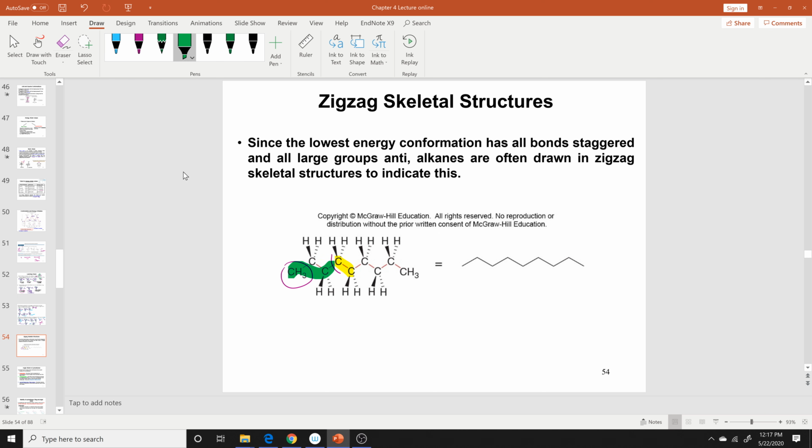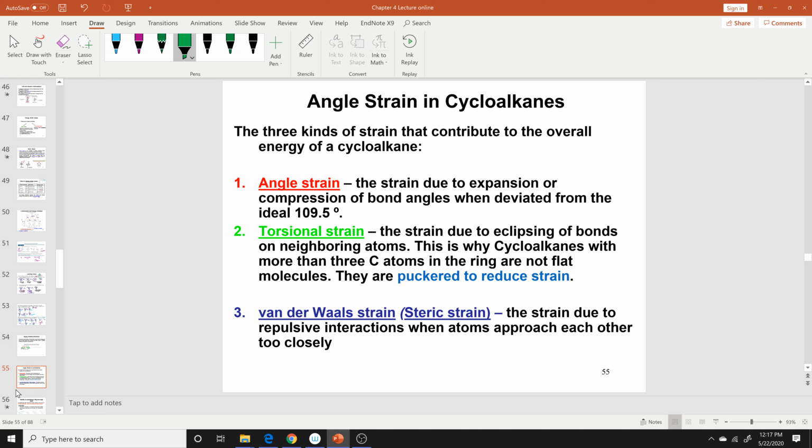This is the larger group in here, and this is the larger group in here, and they are anti with respect to each other. So this is why when we represent a chain of carbons, we represent it in the form of a zigzag skeletal structure. So this is going to be for the conformations of alkanes.